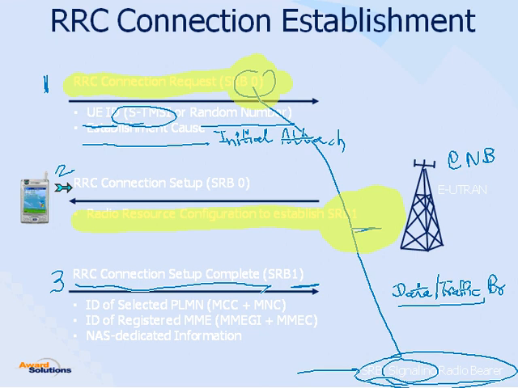And as part of the complete message, we would tell the network what PLMN we have selected. So Verizon Wireless PLMN would be one example. If we have valid information about some MME, we will say that I have registered with some MME in the past, and here is the identity of that MME.